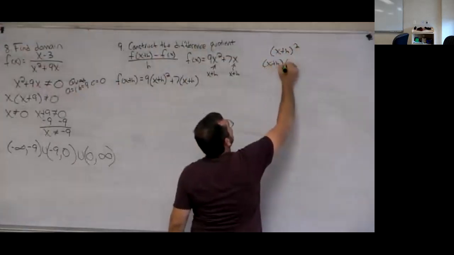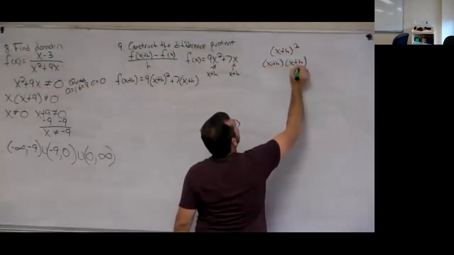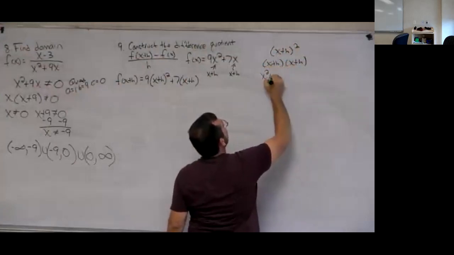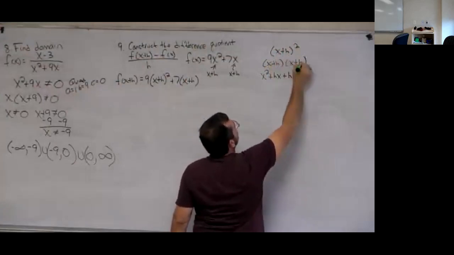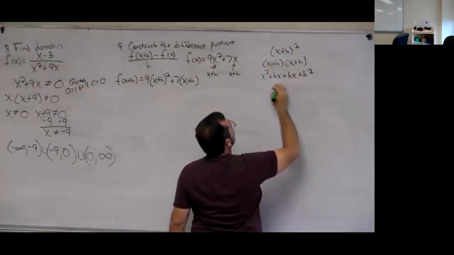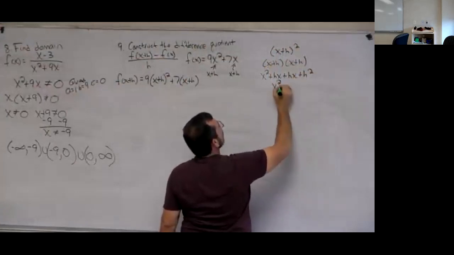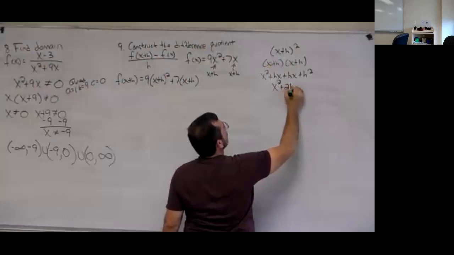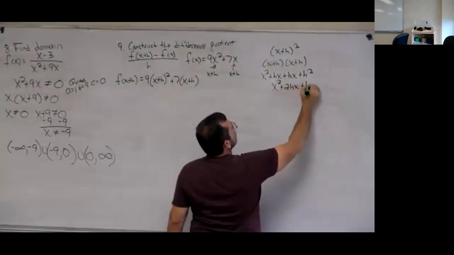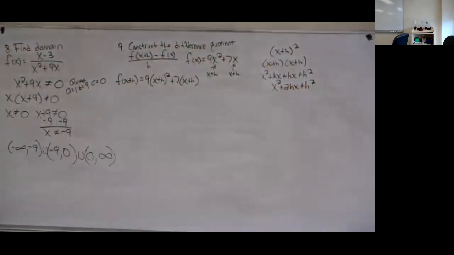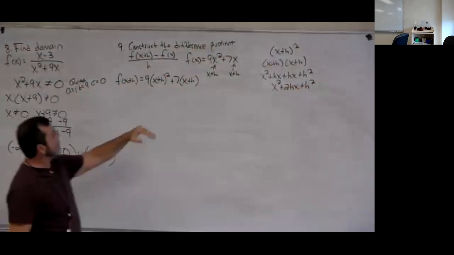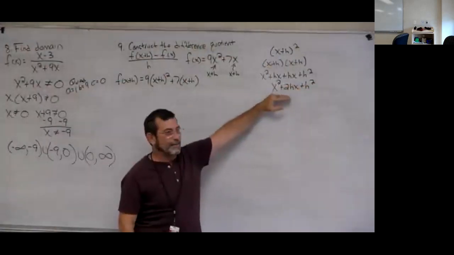X plus h times x plus h, you get an x squared plus the hx plus the hx plus the h squared. So that'll give you x squared plus 2hx plus h squared. So guaranteed, save that for your test because you're going to use this same x plus h squared on that test somewhere, okay?